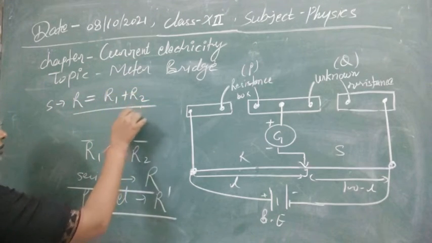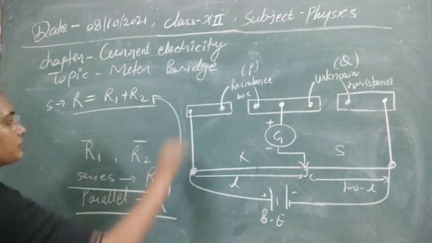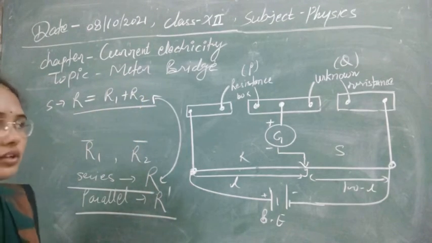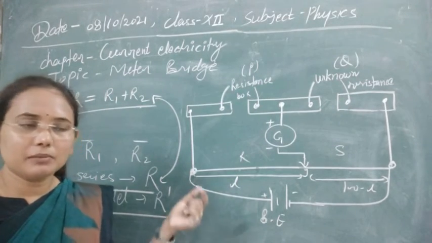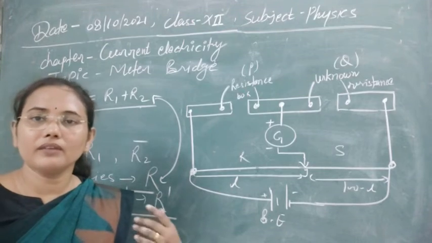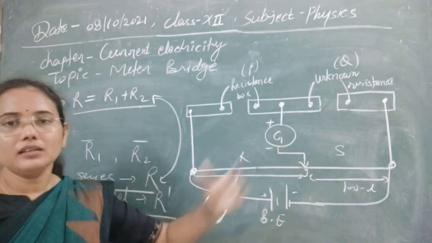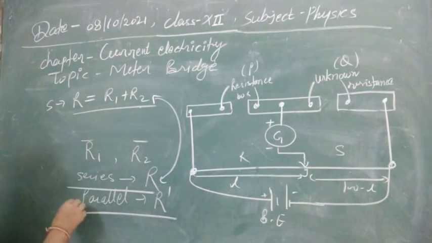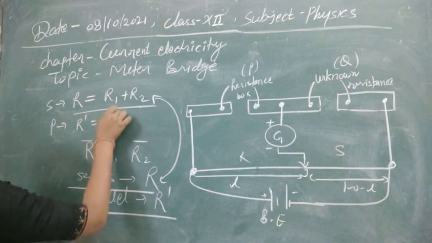Just find this value by calculation and see whether it matches the experimental value or not. If it matches, it means our formula is correct, and if some points are not matching, you can find the error due to the measurement by the instrument.